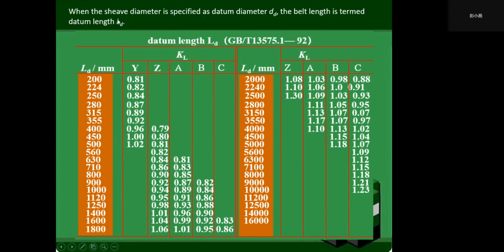And when the pulley diameter is specified as datum diameter dd, the belt length is termed datum length Ld.